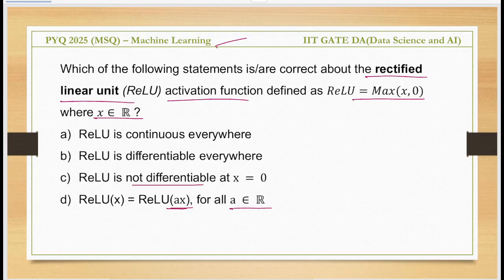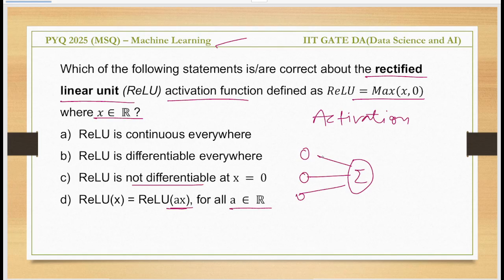As we know, what is the activation function? In a neural network, we have many inputs and associated weights. Let these be x1, x2, and x3, with related weights w1, w2, and w3.